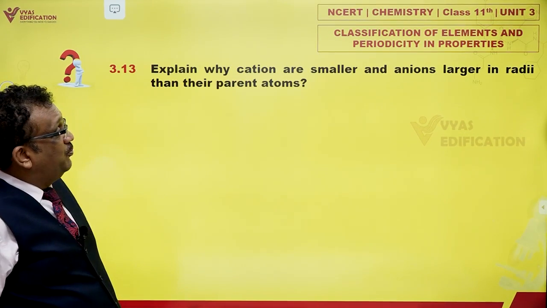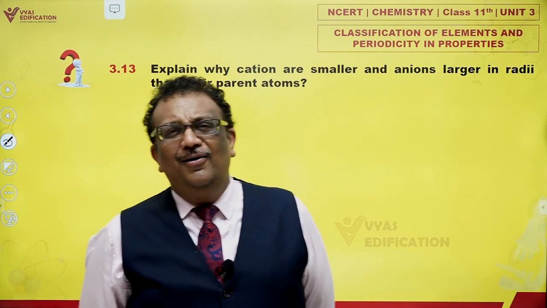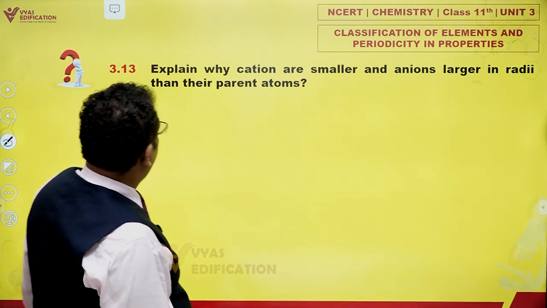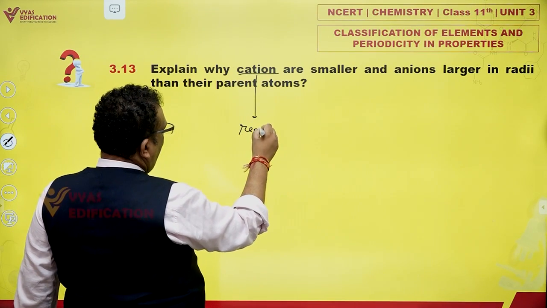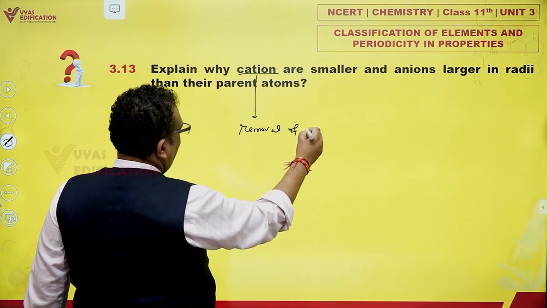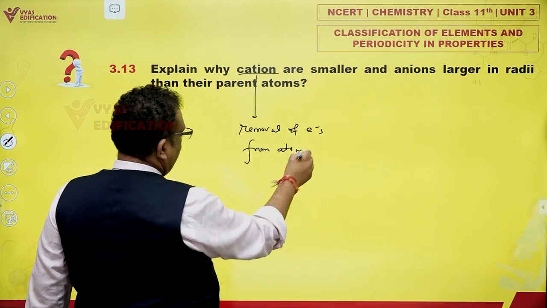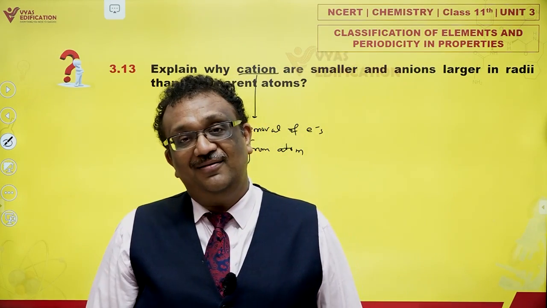Explain why cations are smaller and anions are larger in radii than their parent atoms. This is not a very difficult idea. See, a cation is formed by removal of electrons from an atom. If I remove electrons, maybe one, maybe more, do you see that electrons also repel each other?